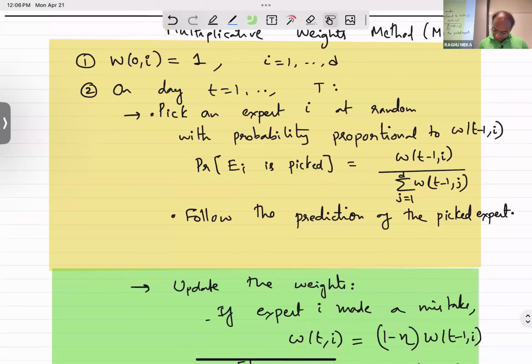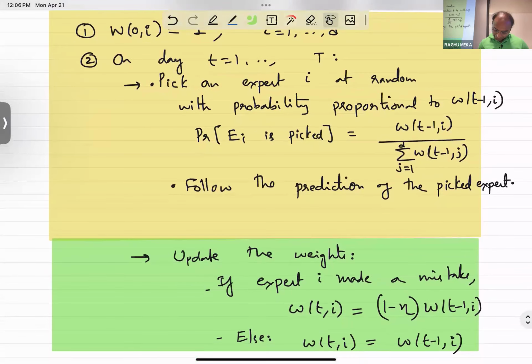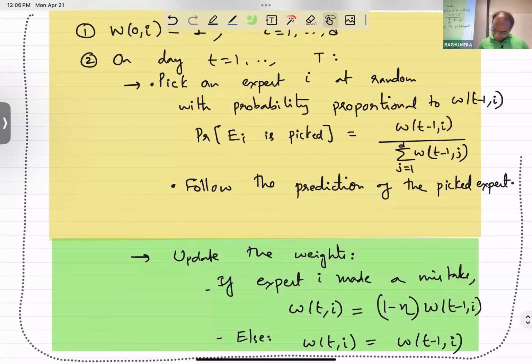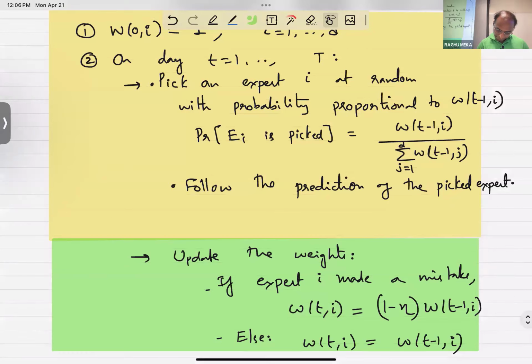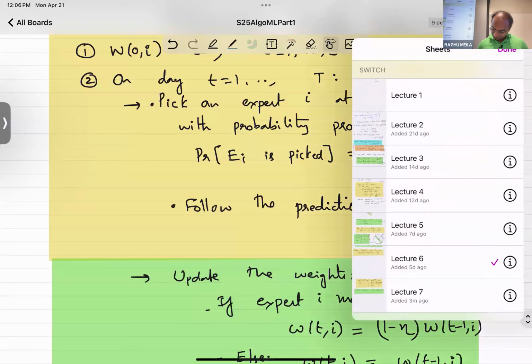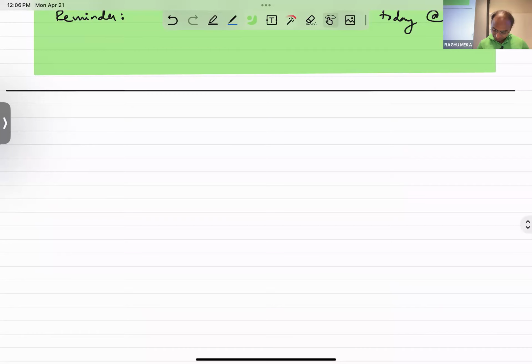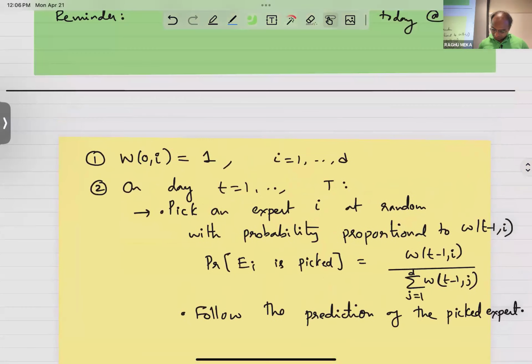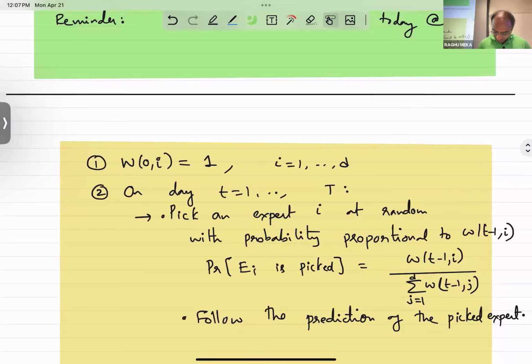Let me copy the algorithm if I can. Okay, so this was the multiplicative weights algorithm.